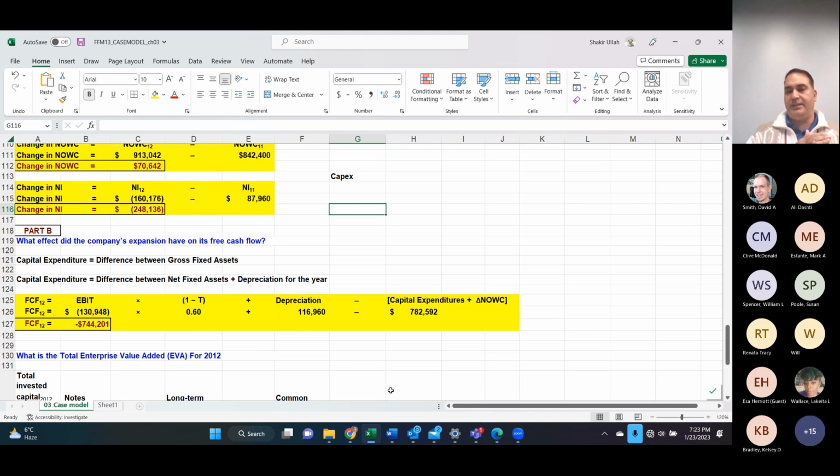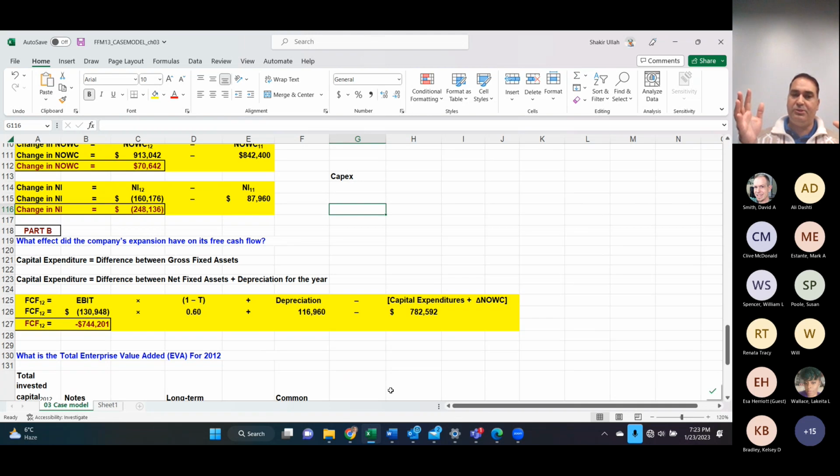So let's say that you generated $10,000 from after-tax EBIT, when you remove the taxes as well. And you used 5,000 of that to buy an equipment. And you used 1,000 of that to increase your current assets. The remaining 4,000 is what we call the free cash flows for the business.